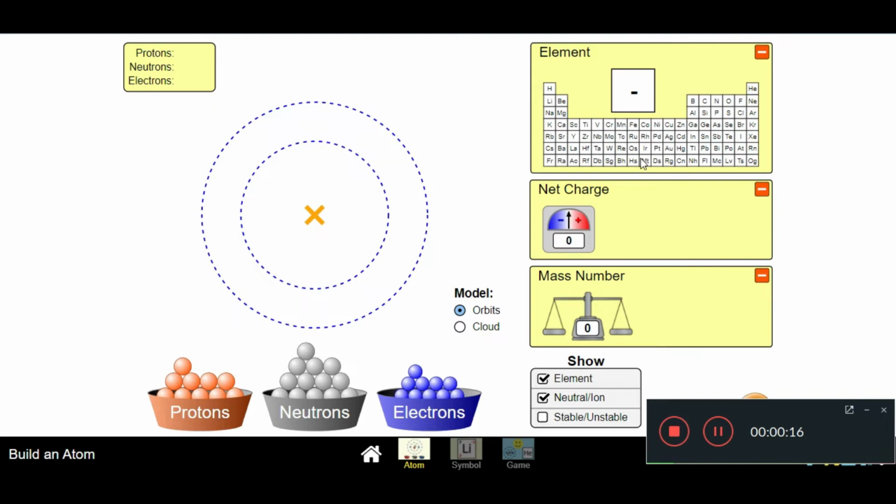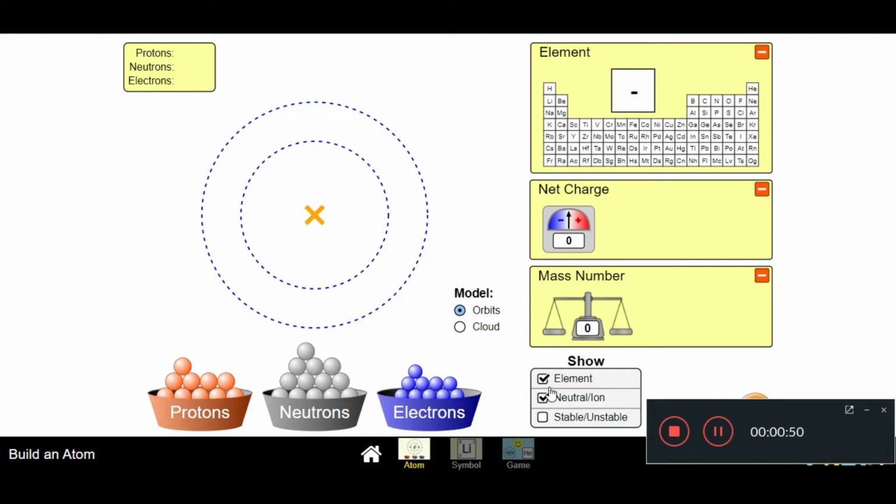Here we have a bucket of protons, neutrons, and electrons. And this is the place where I can put the proton, neutron, and electron to build an atom. In the right side here we have a panel that will show us an element on the periodic table that we created, and also the net charge and the mass number.